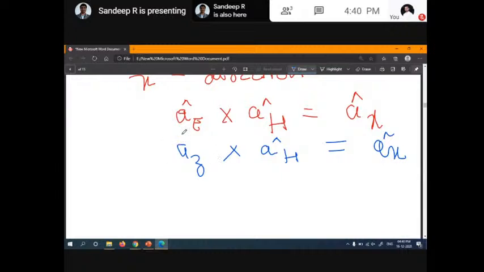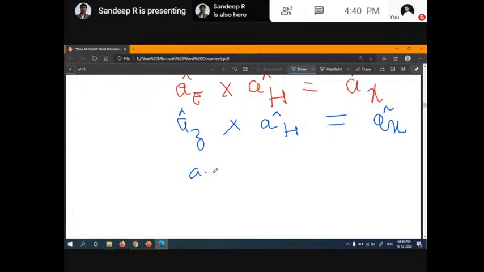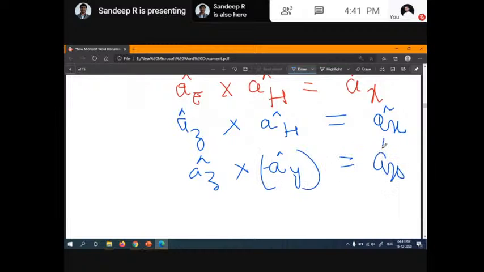When you take AZ cross product with a unit vector, the answer should be AX cap. So I can take it as AZ cross minus AY, it will result in AX.